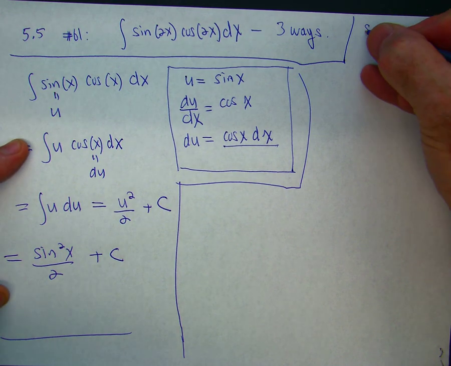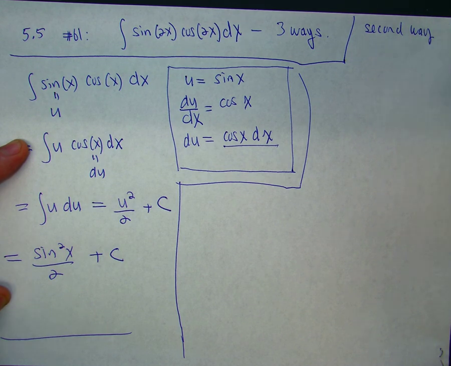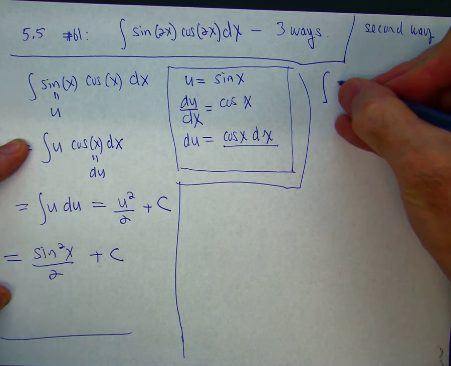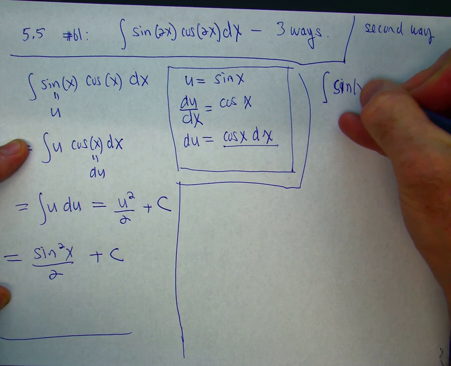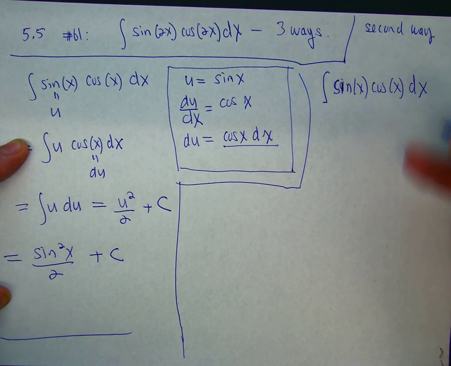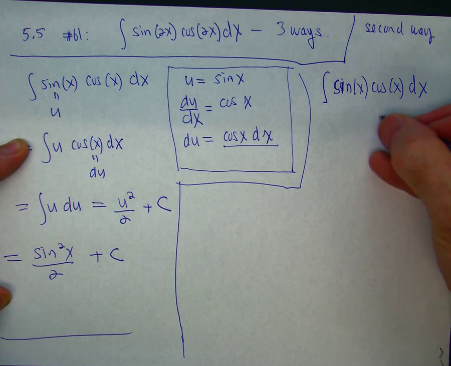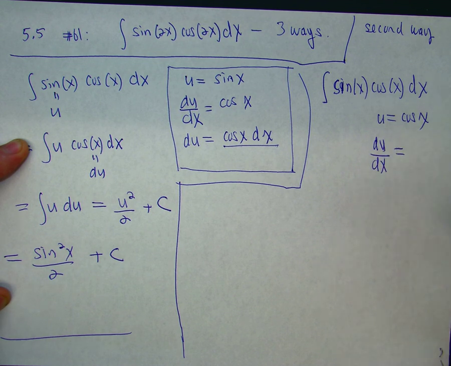Here's the second way. So here's my problem. Same problem. Sine x cos x dx, same problem. I'm going to set u equal to cos x this time. Du dx, well, the derivative of cos is minus sine.